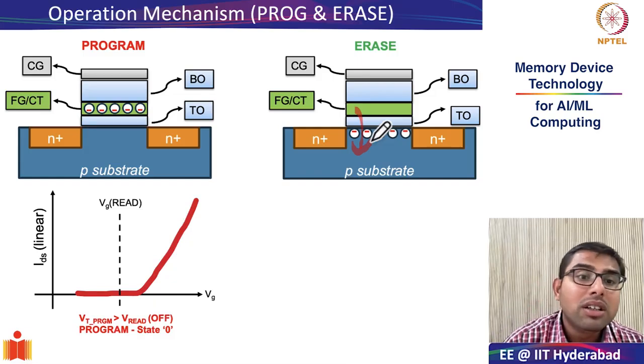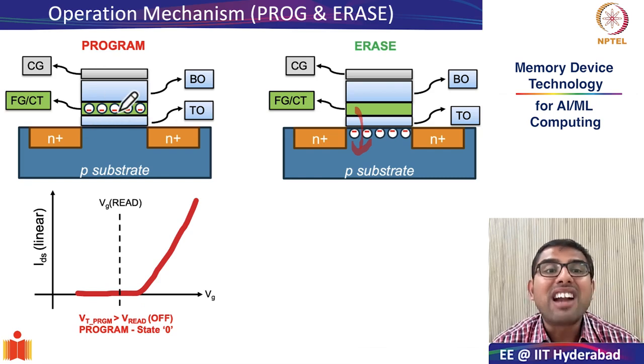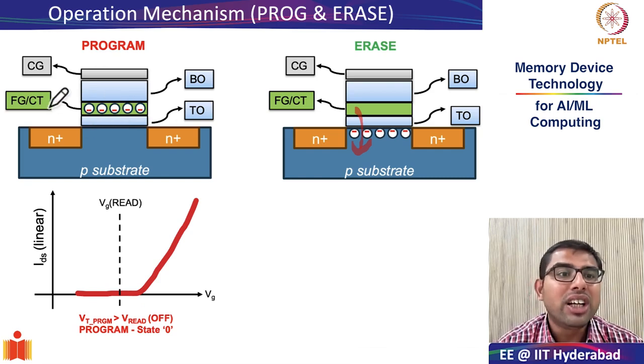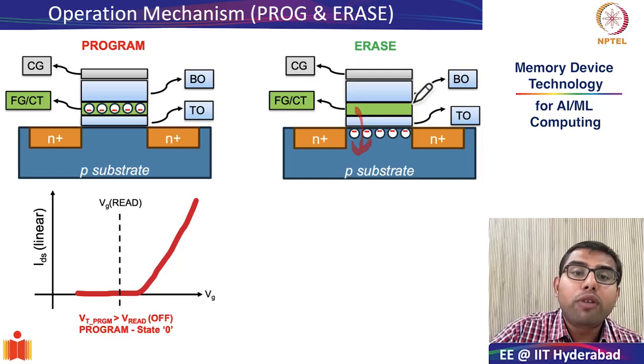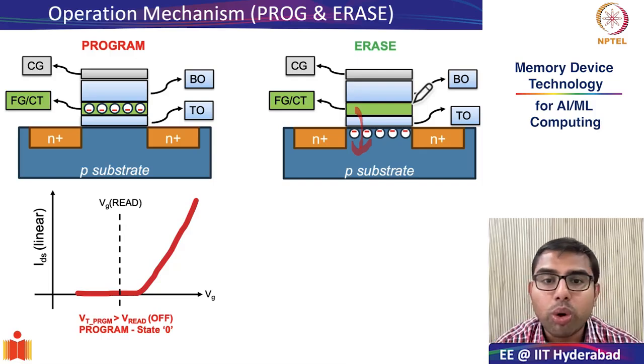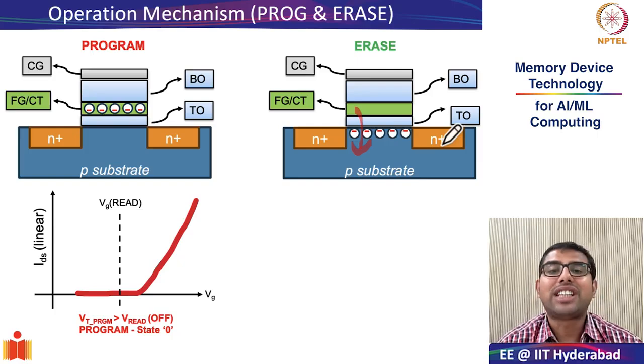So in program, free carriers present in the channel are made trapped carriers inside the charge storage layer, whereas in the erase operation, trapped charges inside the floating gate layer or the charge storage layer are pushed out and made free carriers in the channel region.